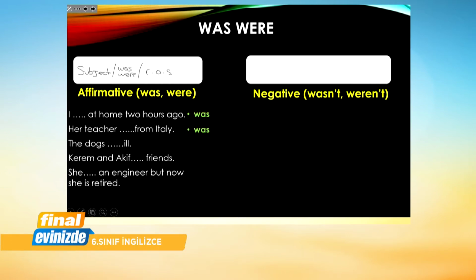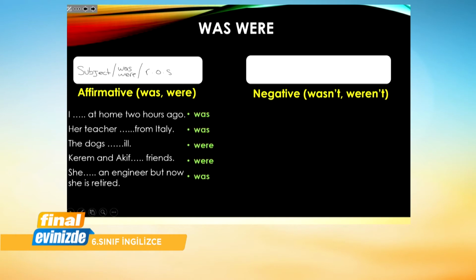The dogs, as you see, dogs is plural. We are going to use were, because it's past form. Kerem and Akif were friends because they are two. And she was because it is singular. She was an engineer, but now she is retired.